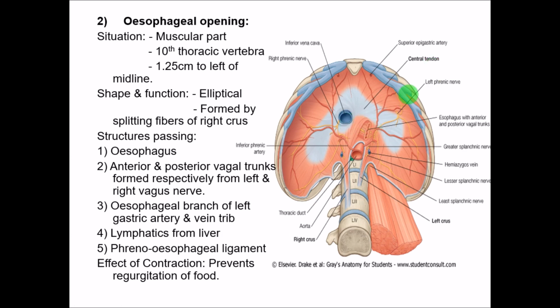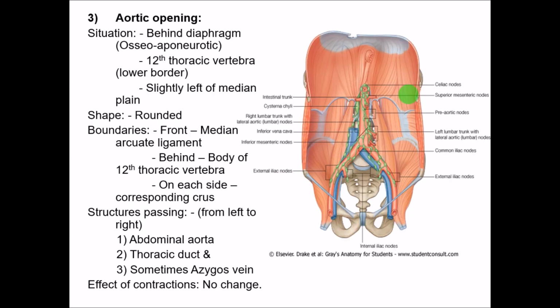This has a very important role, especially when you lie down or jump, when food can regurgitate back into the esophagus. Whenever the diaphragm contracts, the opening constricts, narrowing the esophagus itself, and prevents regurgitation.